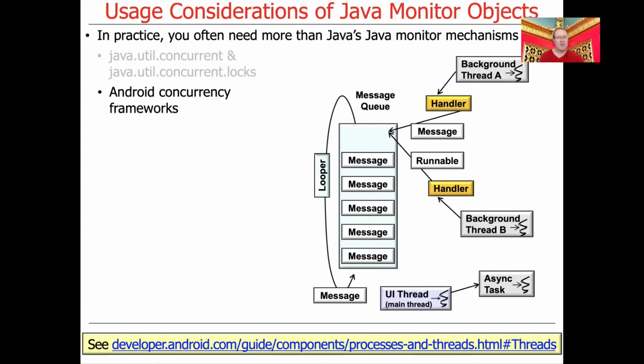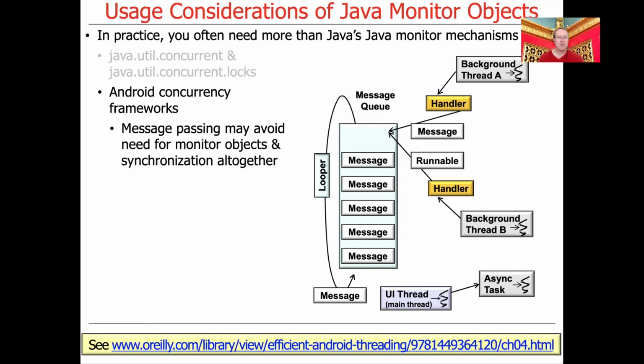There are also other parts of Android, for example, that use monitor-like mechanisms. Android's concurrency frameworks implement a very cool message passing mechanism using, again, under the hood, reentrant locks and condition objects and other synchronizers. They allow you to do some very cool coordination with multiple threads that don't require the use of Java built-in monitor objects.